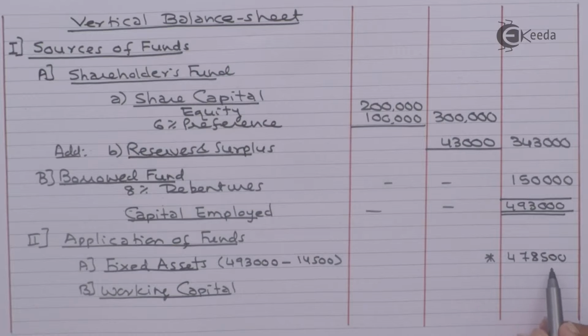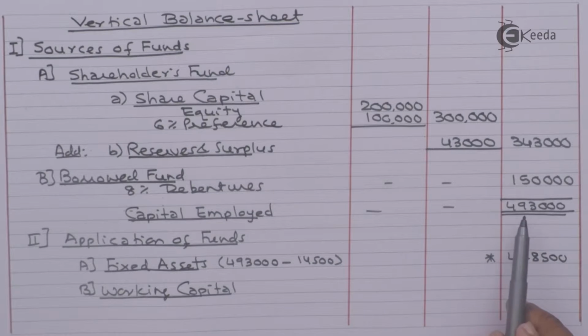Four lakh 78,500, that is the amount of fixed assets we got as a balancing figure or missing information after deducting from capital employed 4,93,000 the amount of working capital. So we also got now fixed asset 4,78,500. Let us proceed to calculate various ratios.